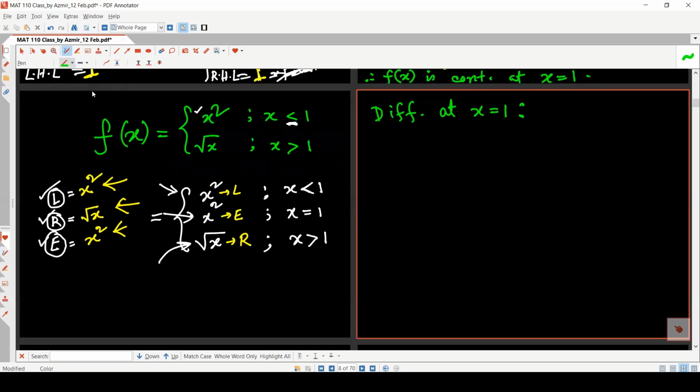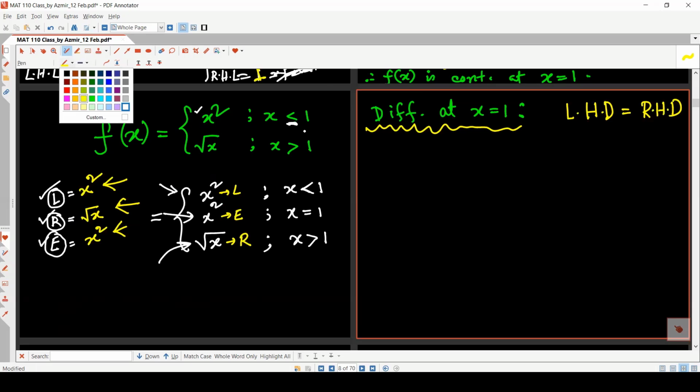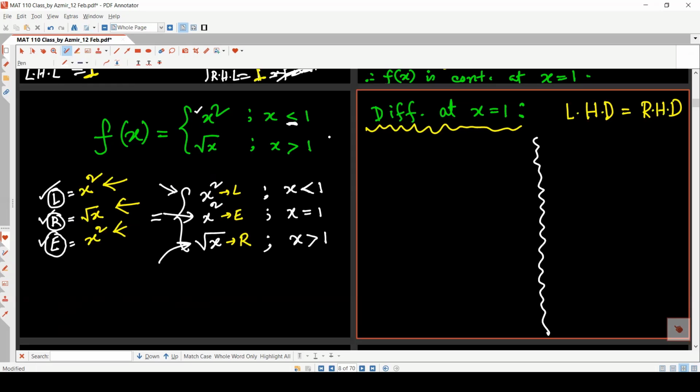This is our target. For differentiability, we have to check two conditions, that is left-hand derivative and right-hand derivative. If left-hand derivative and right-hand derivative both are the same, then we can say that the given function is differentiable at x equals 1.